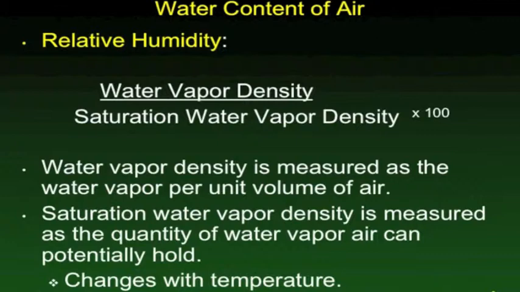This is called the saturation water vapor density, and it's greater as the temperature increases. That's why when we were talking about the tropics at the very beginning of our lectures, we said as the air rises and cools, it tends to rain. That's because the cooler air can't hold as much water.